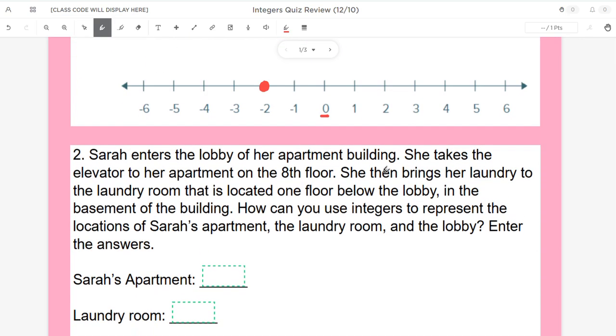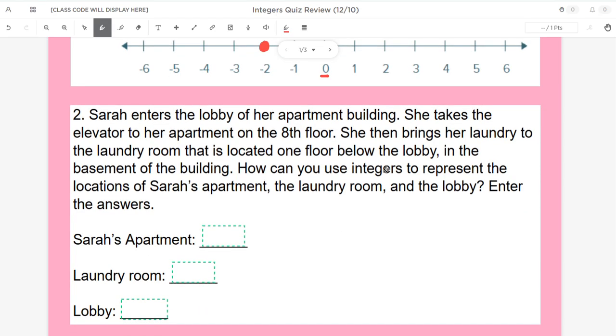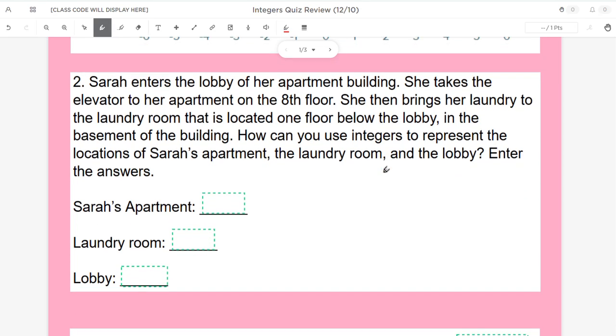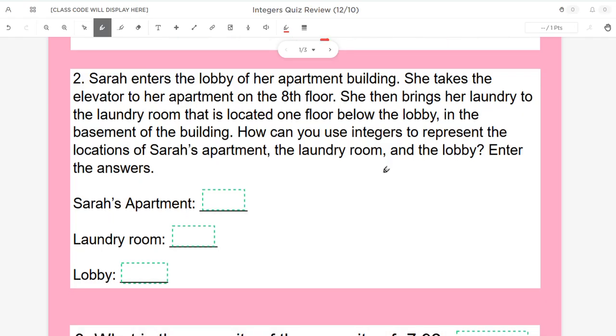Okay, so then the next one, it says Sarah enters the lobby of her apartment building. She takes the elevator to her apartment on the 8th floor. She then brings her laundry to the laundry room that is located 1 floor below the lobby, in the basement of the building. How can you use integers to represent the locations of Sarah's apartment, the laundry room, and the lobby?